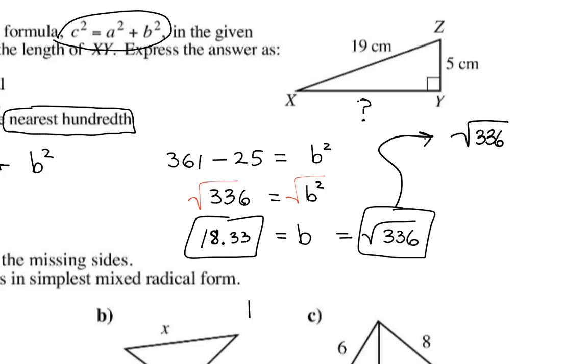So let's see. I got on my whiteboard here 336 divided by 4. I got 84. Then I divided by 4 again, and I got 21. Inside the 21, are there any perfect square factors?